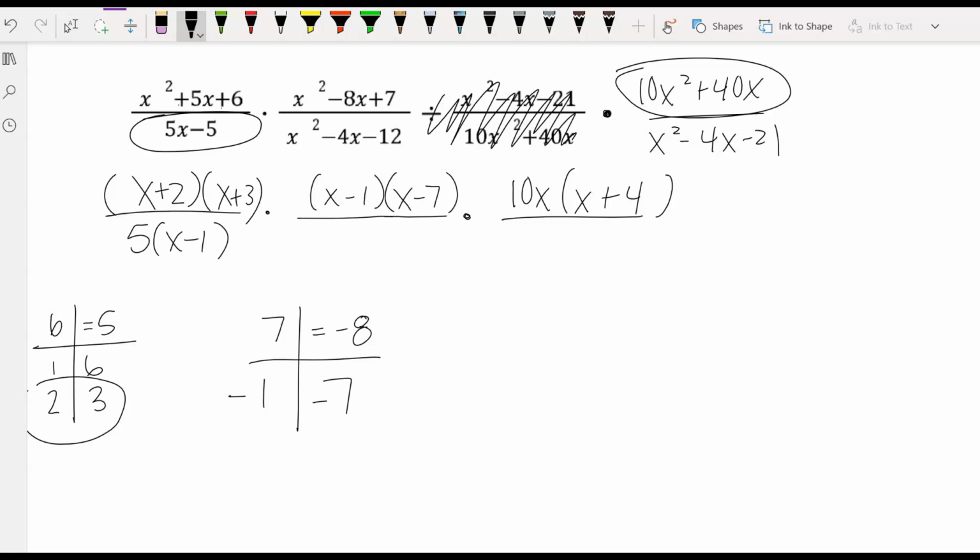Okay, then the bottom there, so negative 12 to make negative 4. So 1 and 12, 3 and 4. It's a negative negative, so the big numbers will be negative. And it looks like it will be 2 and negative 6.